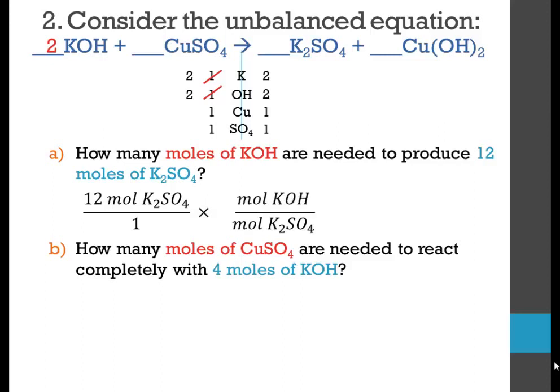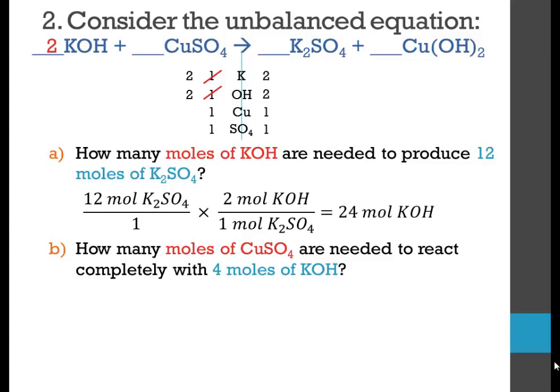And I can convert this to moles of my wanted quantity, which is KOH. So at this point, I'm done. My answer will be in moles of KOH, which is exactly what we want. So I've got mole on top of mole, which means mole ratio. And good thing that we just balanced that equation, because then we know that the mole ratio is 2 moles of potassium hydroxide to 1 mole of potassium sulfate. So whenever I solve, I get 24 moles of KOH.